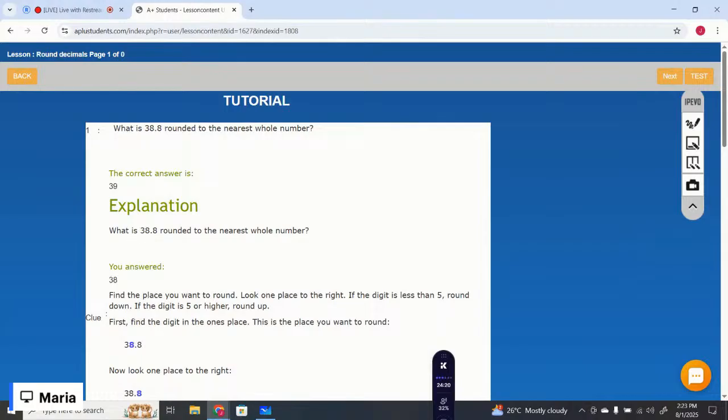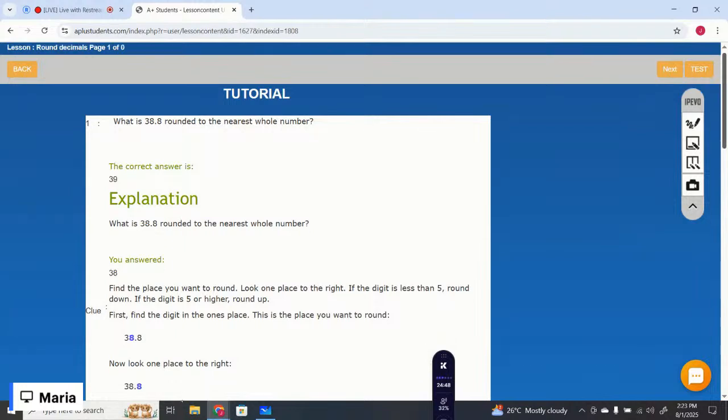What is 38.8 rounded to the nearest whole number? 38.8.